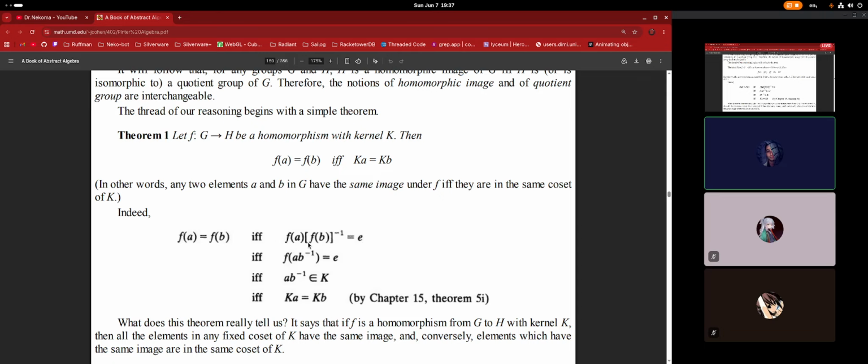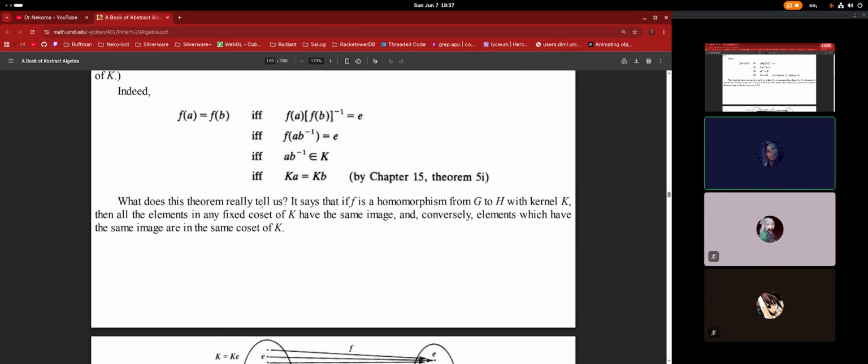Because it's a homomorphism, f of a times the inverse of f of b is equal to the neutral element. And because this is true, a b inverse is in K by the definition of kernel. Then using the previous theorems, we have Ka equals Kb.